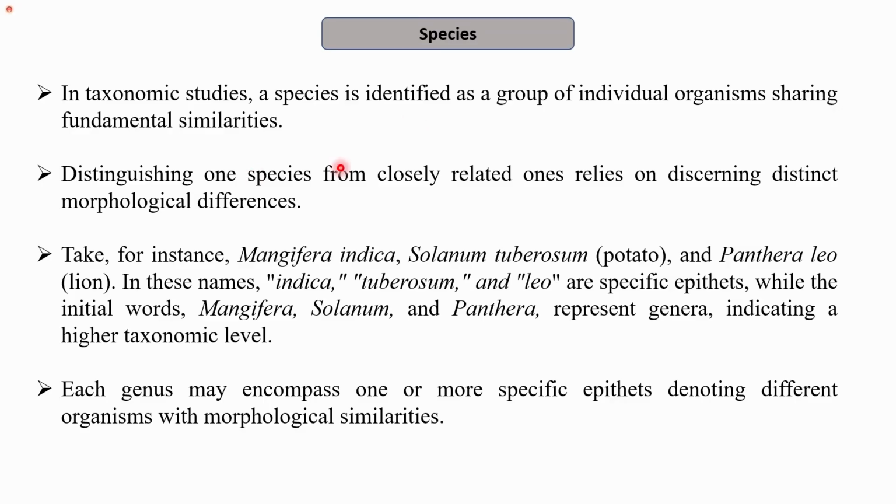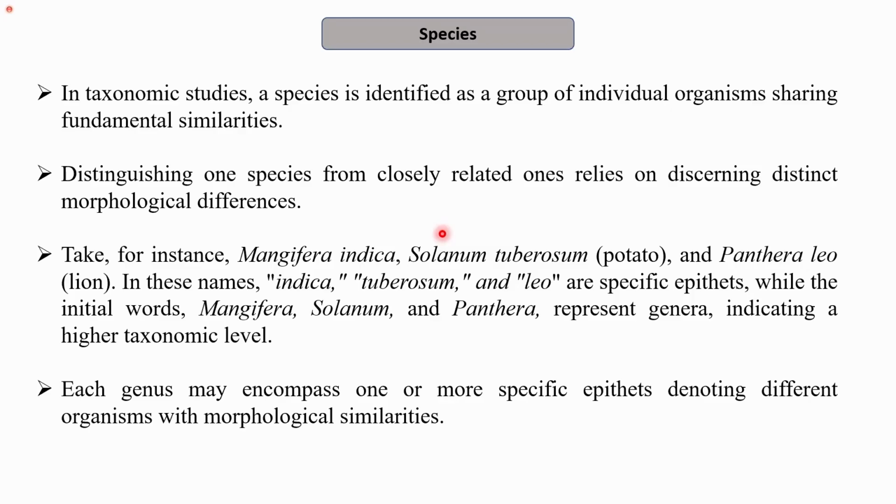Distinguishing one species from closely related ones relies on discerning distinct morphological differences. There might be very minor morphological differences that allow us to differentiate between two species. For example, Mangifera indica, which is mango, Solanum tuberosum, which is potato, and Panthera leo, which is lion.